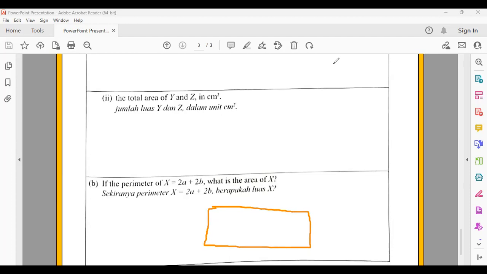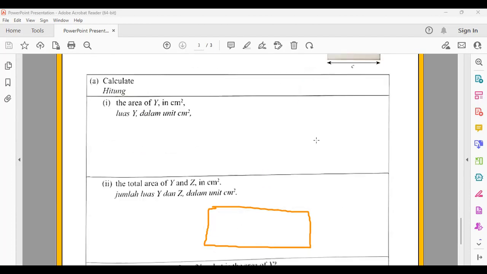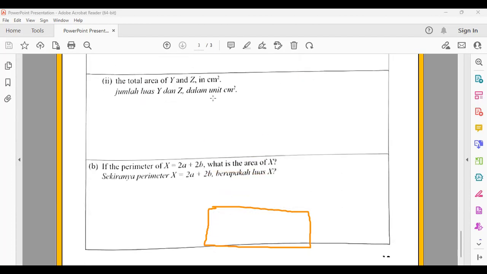According to the question, this one is A. So I'm going to draw it again. Let me draw a nice rectangle. I'm talking about X, right? So this is supposed to be A. Now, only if I know what this is, I can find my area.